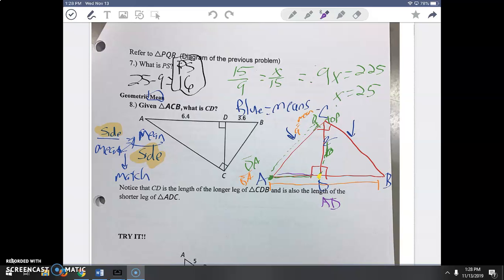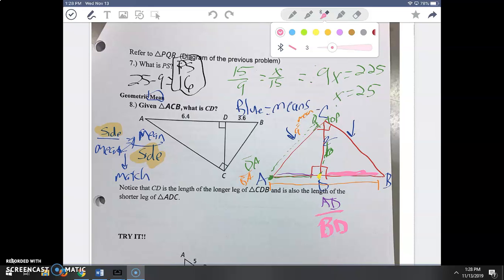AD meets right there. The next one is going to be BD. BD is going to meet there.